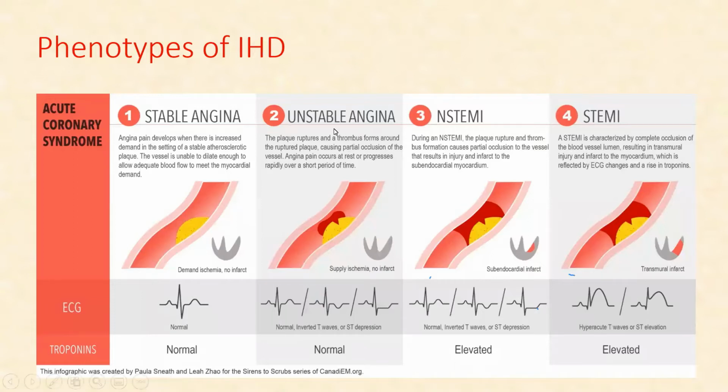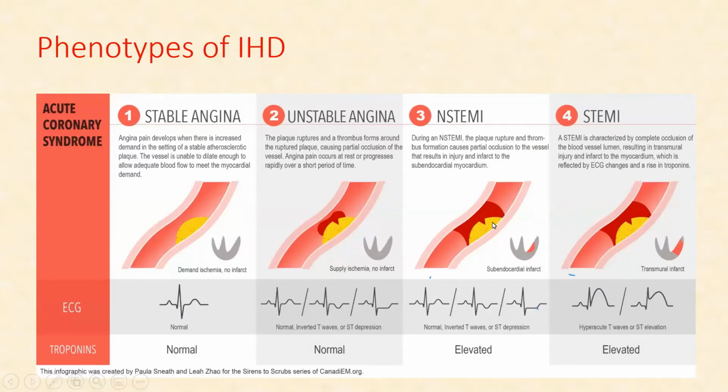If it's unstable angina, you don't have injury, meaning you might have ST segment deviation, sort of depression, and or T wave inversion, but there is no elevated troponin, no marker of injury is elevated. Now in non-STEMI and STEMI, you have injury, so you have an elevated troponin.